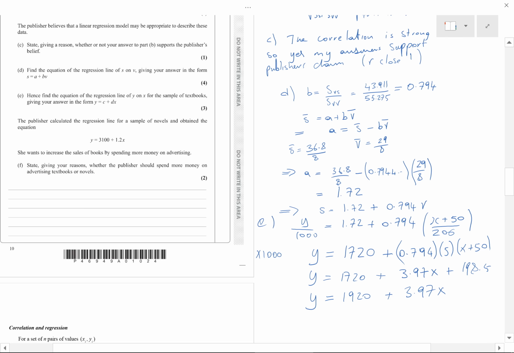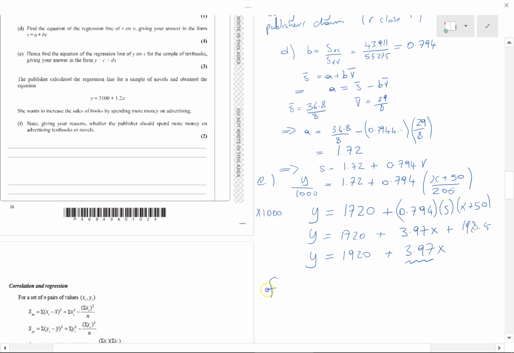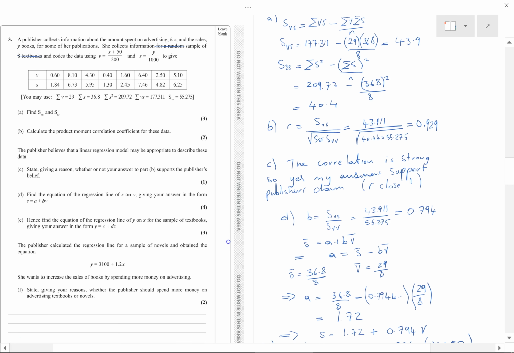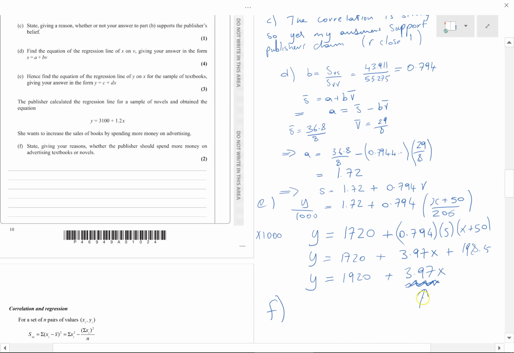And the answer is that it should be textbooks, because the gradient is more. If every extra amount that is spent on advertising textbooks produces more money, for every, whatever the units are, well, that doesn't actually say, yeah, for every pound spent on advertising, it sells 3 or nearly 4 more books for this one, but only 1.2 more books for the novels.